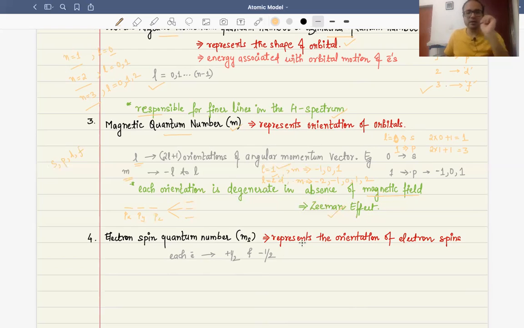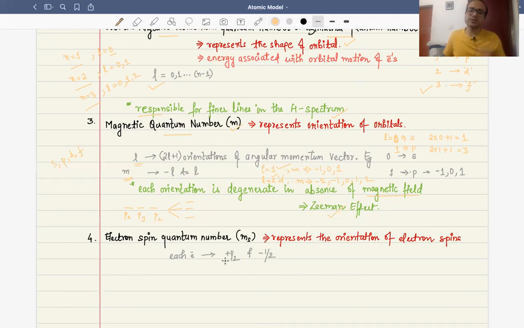Then your final quantum number that you have to study is the electron spin quantum number, represented by the letter m with a subscript s. This represents the orientation of electron spins, because we know that the electron also can spin on its own axis.